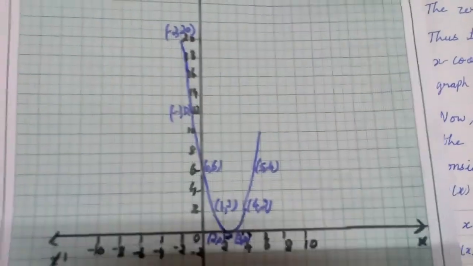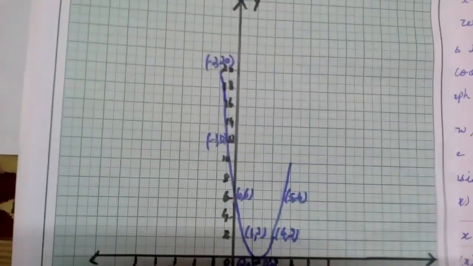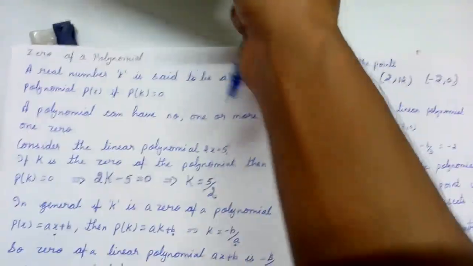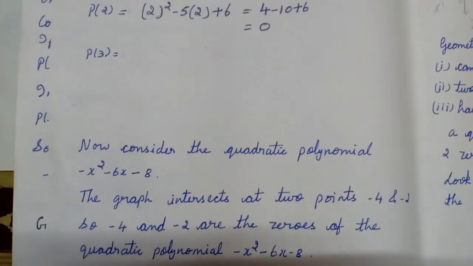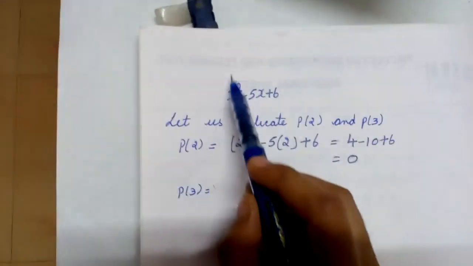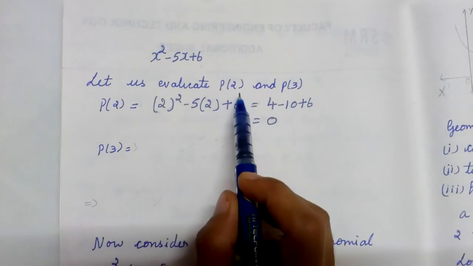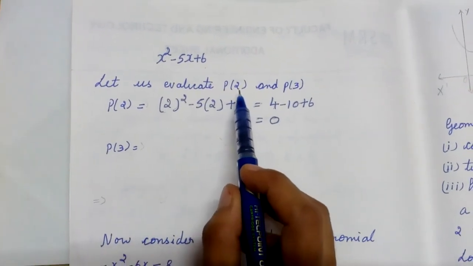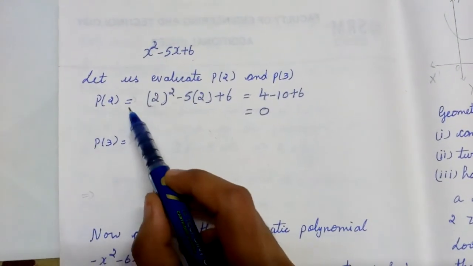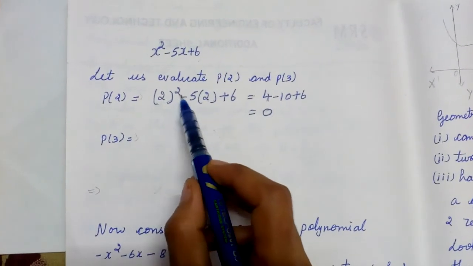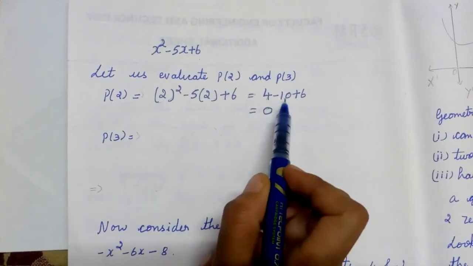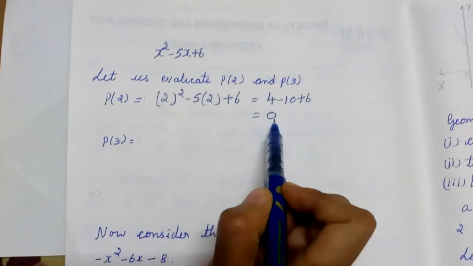Let us just verify this. You have the polynomial x square minus 5x plus 6, and we just saw the zeros are 2 and 3. Substitute p of 2: 2 square minus 5 into 2 plus 6, which is 4 minus 10 plus 6, which is 0.